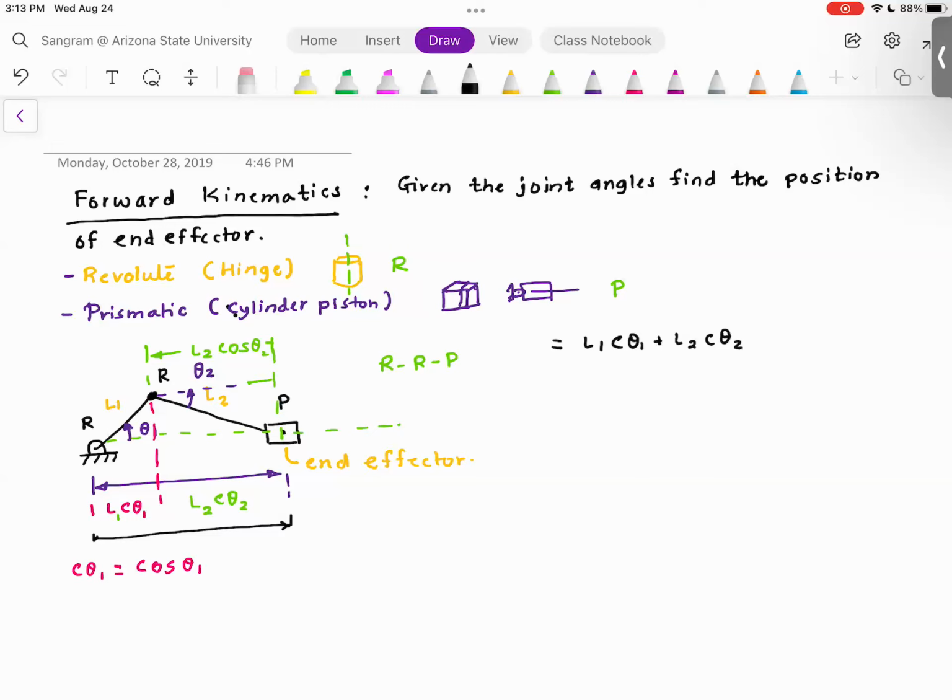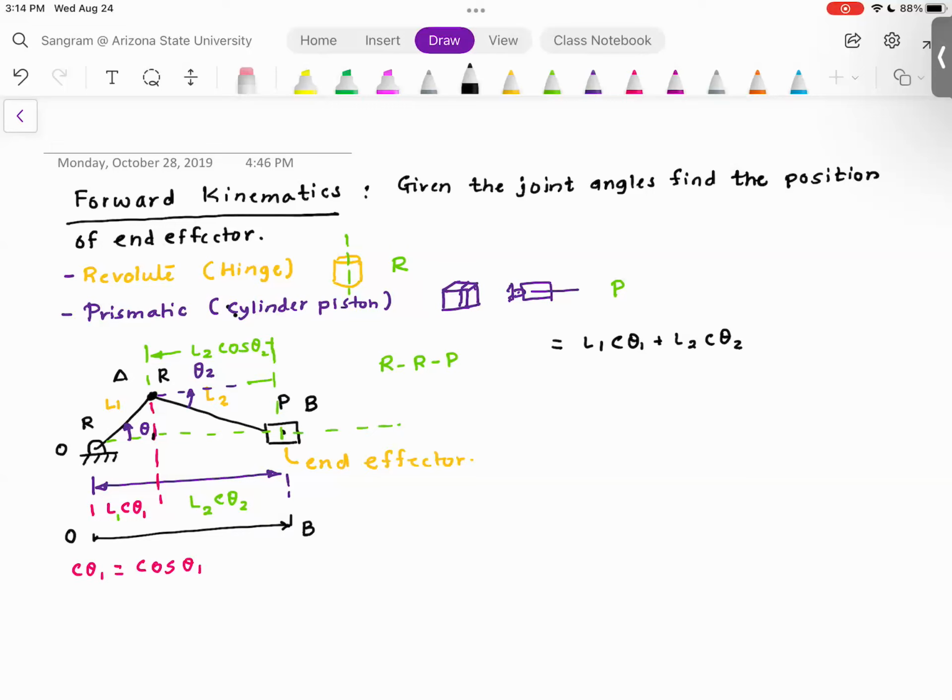Please understand, this distance O, A, B, and this from O to B. O to B is actually a vector. What do I mean by vector? As theta 1 and theta 2 change, this length OB changes. Do you agree with me?